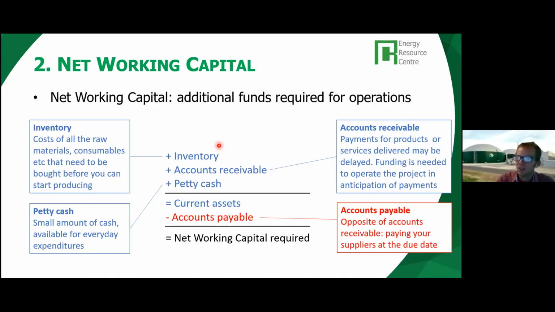Now, the working capital requirements are calculated also in the model, on the basis of, let's say, the inventory in the project. And again, this varies per project.